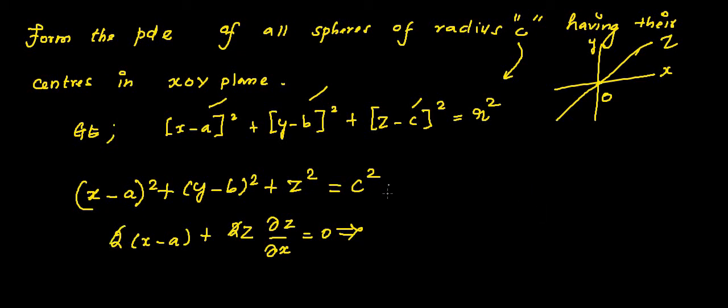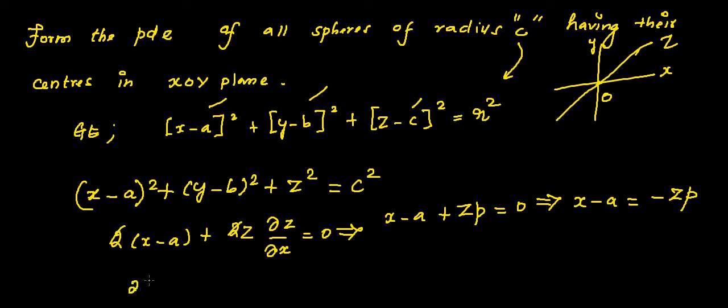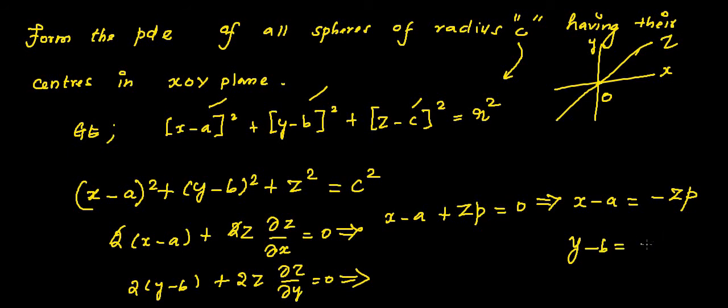Now x minus a plus z into p is equal to 0, which implies x minus a is equal to minus z into p. Similarly, when we differentiate it for y, we get 2 into (y minus b) plus 2 into z dou z by dou y equals 0, which implies y minus b is equal to minus z q.